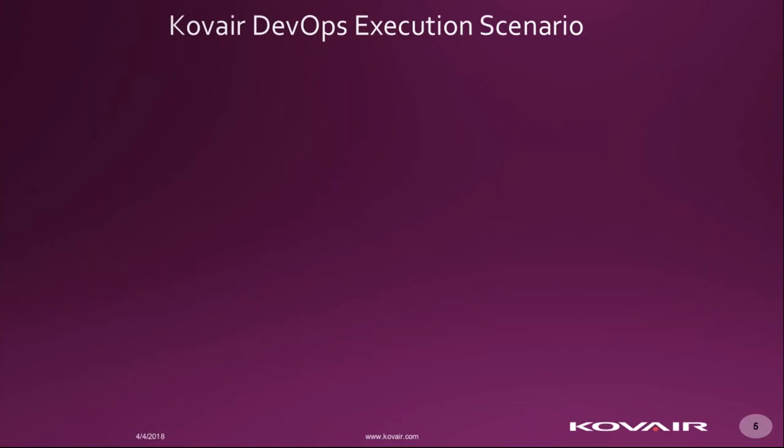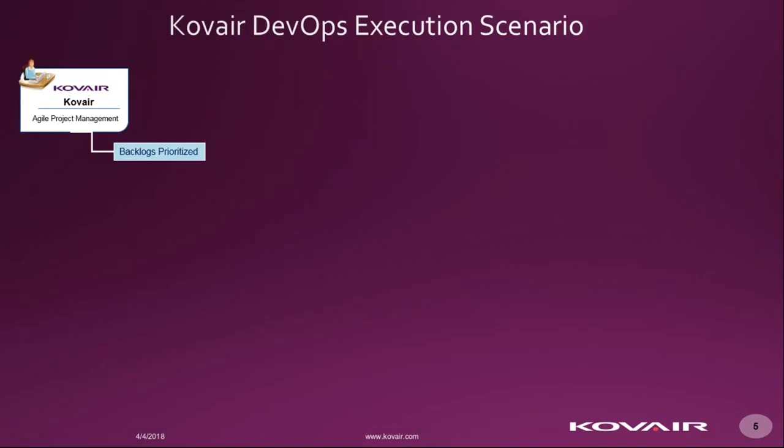So now let me guide you through a short animated flow of what we are going to showcase in our live product demo today. We'll start our story with a set of prioritized backlogs in our agile solution. Once you assign those backlogs into a specified sprint and you approve that sprint, the Kovair workflow will trigger the development process.